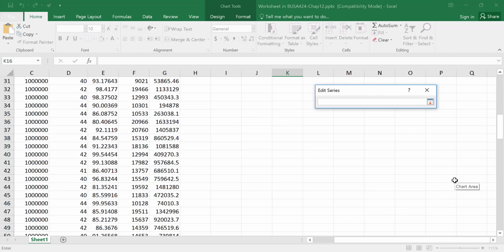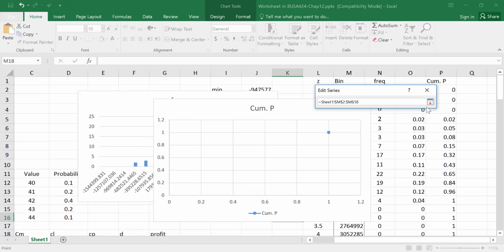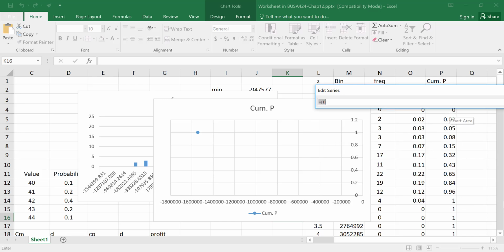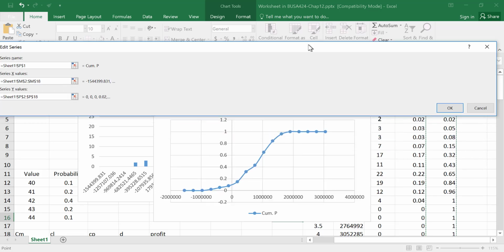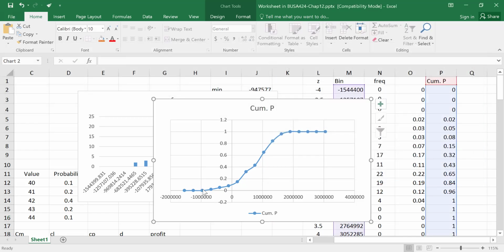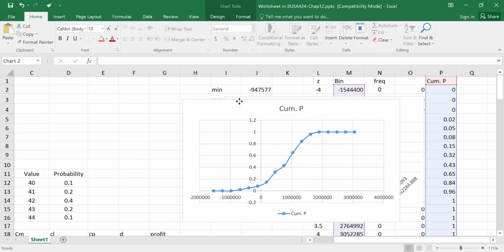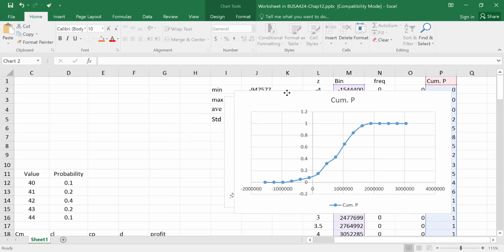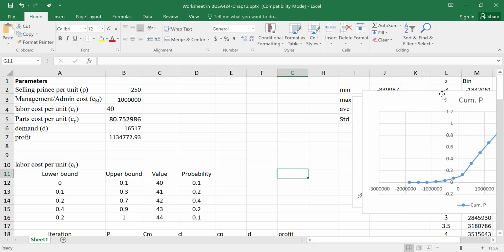For the value of x, we choose the mean values, and for the y values, we choose the probability values, the cumulative frequency basically. And you can see there is almost an S shape here that is close to a normal cumulative probability distribution. So if you update every time, you can see this shape change a little bit.